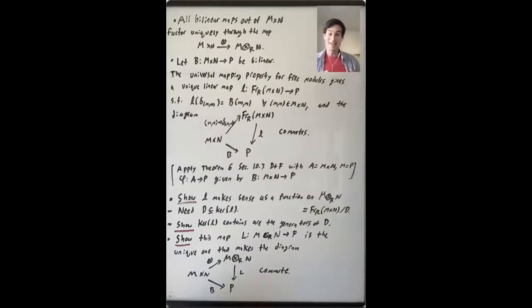So we've seen that the tensor product is this R-module and we have this nice bilinear map from M × N to M ⊗ N. What do we need to know now?